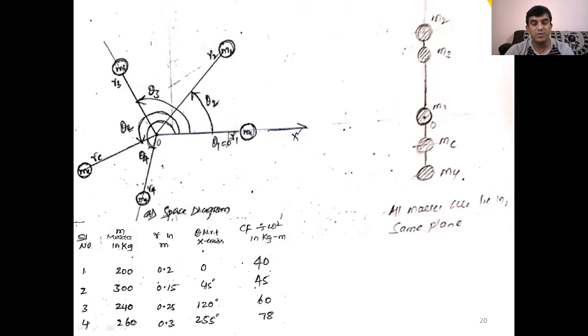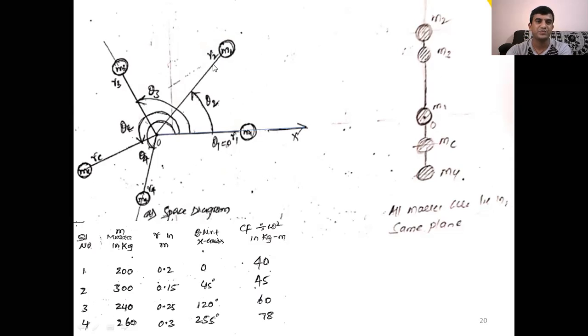With respect to mass 1, m2 is located here. Theta 2 is how much? 45 degree, right? With respect to 1 it is 45 degree. Measure it through the protractor. O is the center. Then go in the counterclockwise direction. Measure theta 2. Along that 45 degree line, measure m2 and r2. In a freehand sketch, you can take anywhere here.